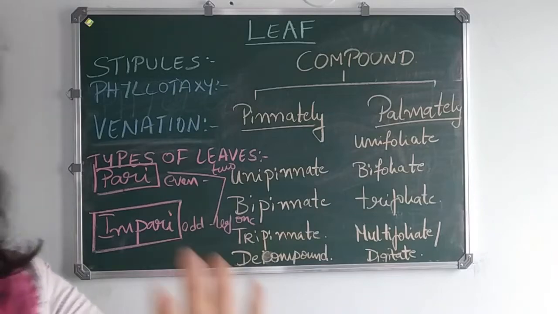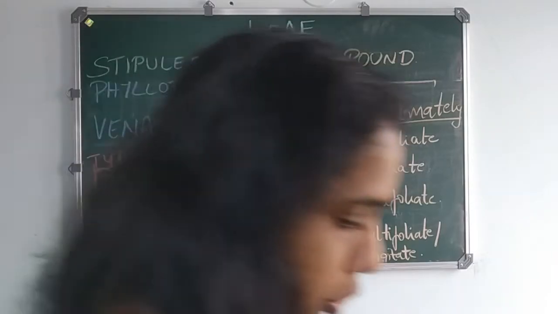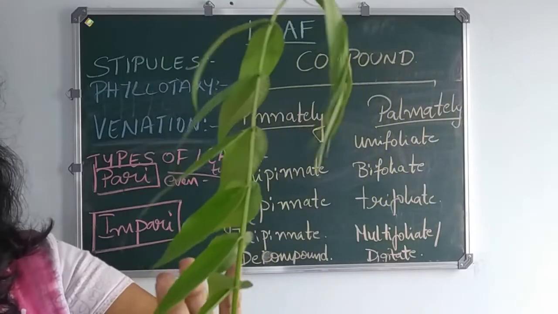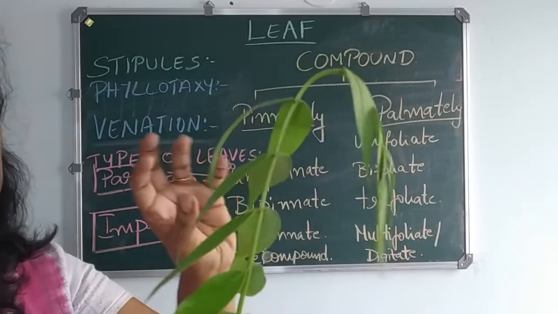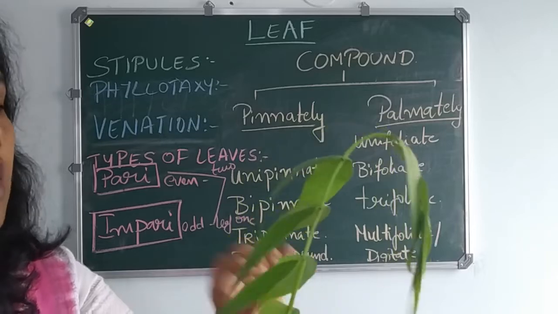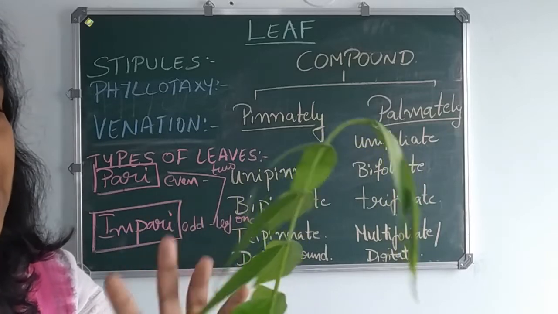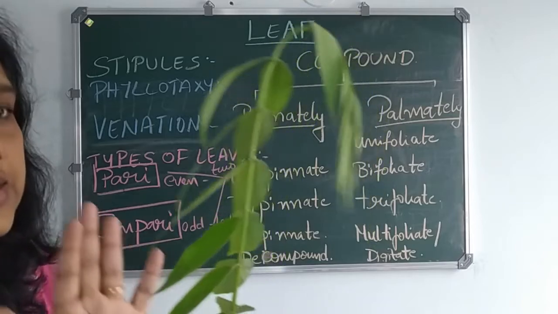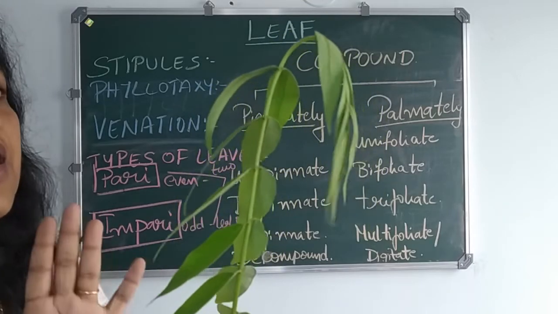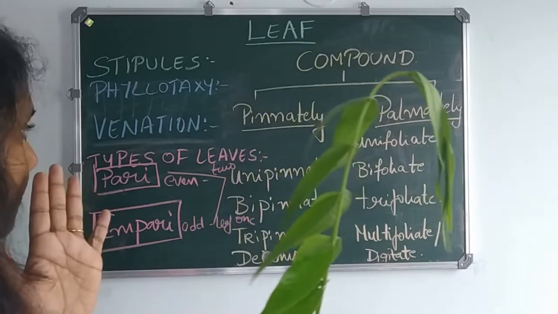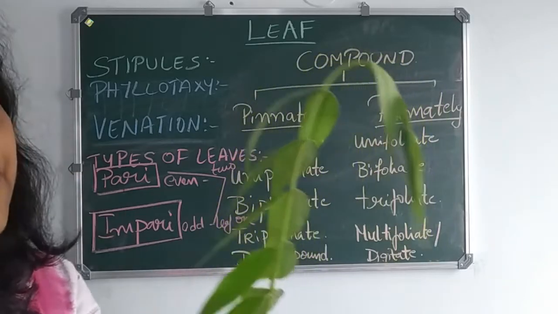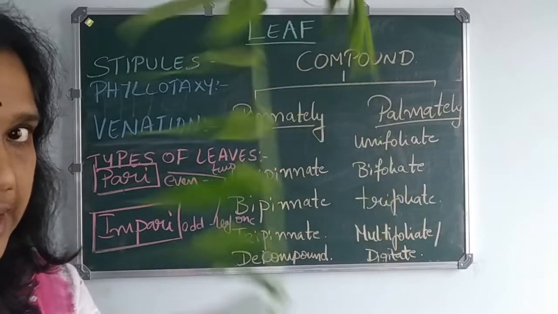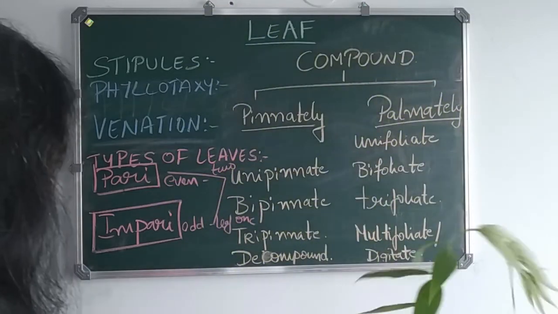I will repeat pinnately compound leaves once again for you. I'll show you this particular thing. Pinna: when the lamina is broken down into smaller leaflets, we call it pinna. Here I am showing you the unipinnate. This is unipinnate, paripinnate. This is an example of a paripinnate compound leaf.